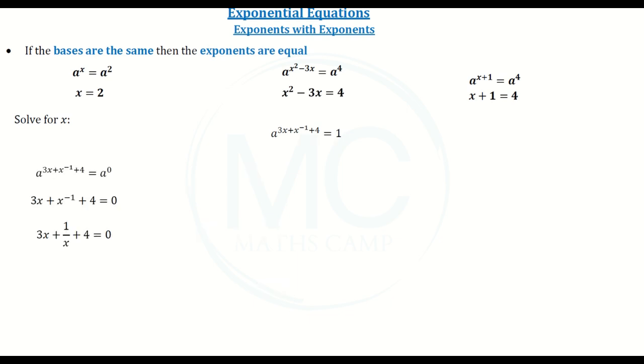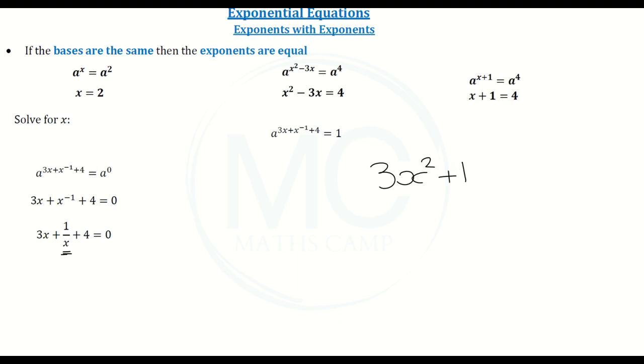To solve for x, we need to get rid of x in the denominator over here, which means we need to multiply each of these terms by x. So 3x multiplied by x gives us 3x squared. 1 over x multiplied by x is simply 1.